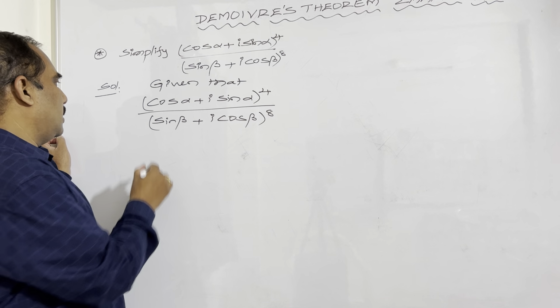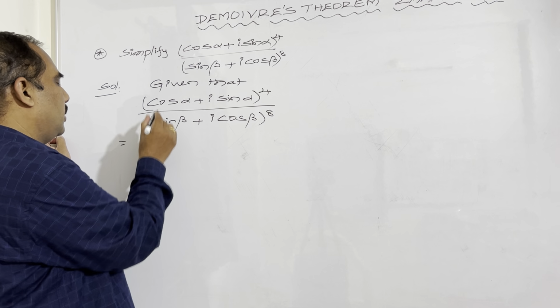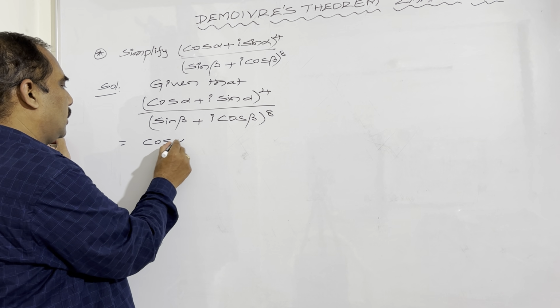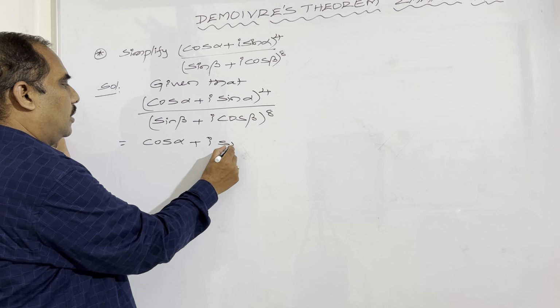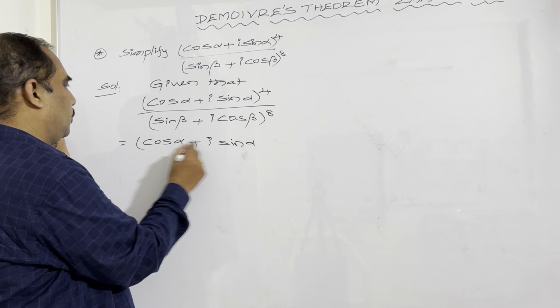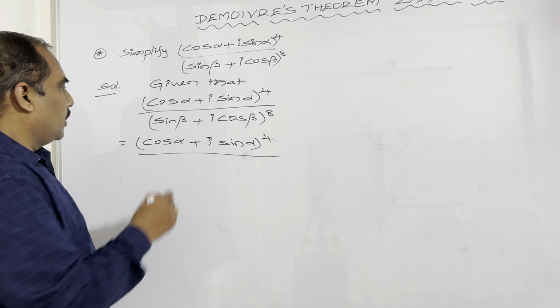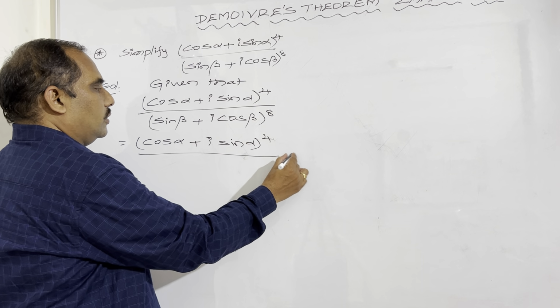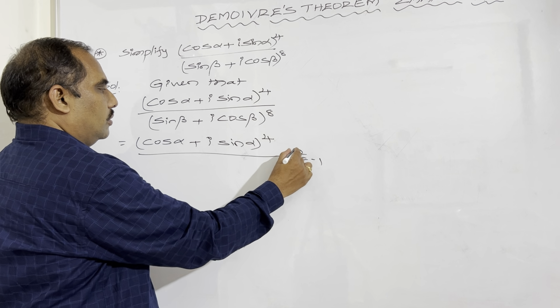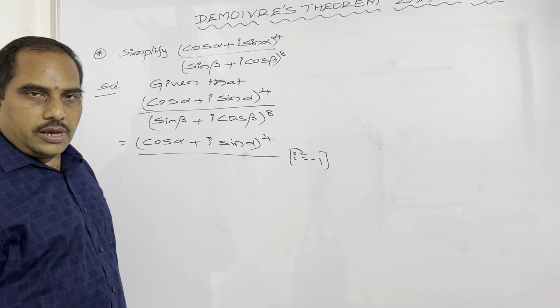In the numerator we write it as it is, that is cos alpha plus I sin alpha whole to the power of 4. In the denominator, we know the I square value is equal to -1.